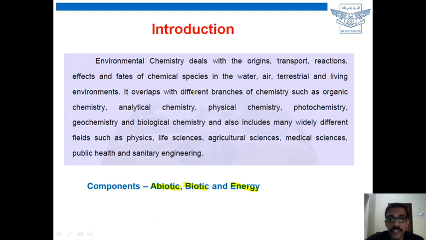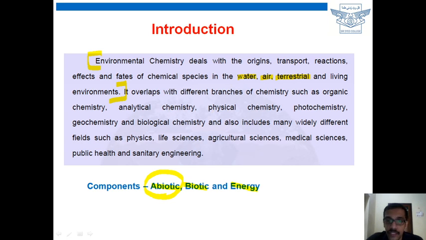As I mentioned in the definition, you have water, you have air and the terrestrial component. These three things can go for the abiotic component.